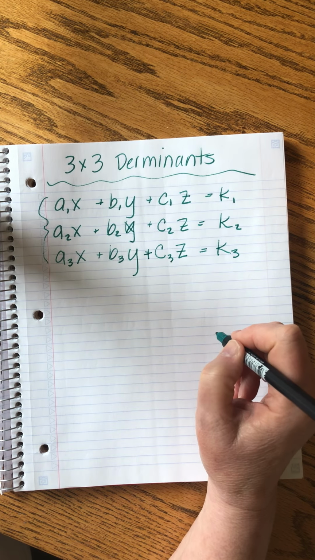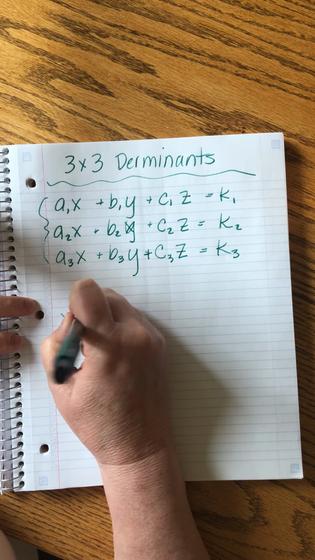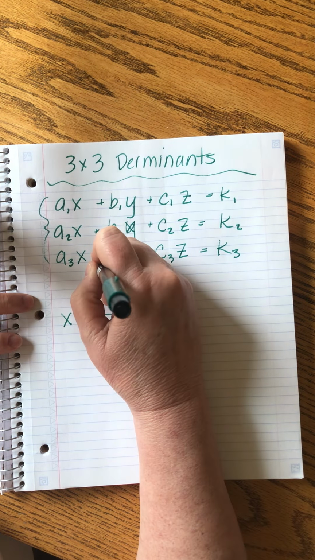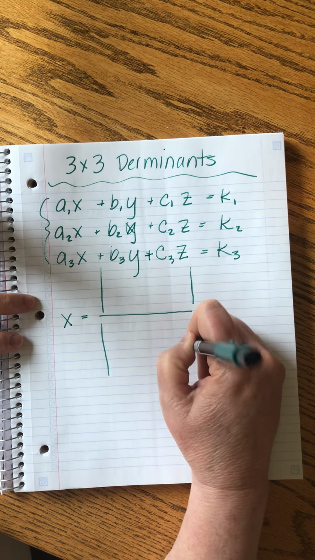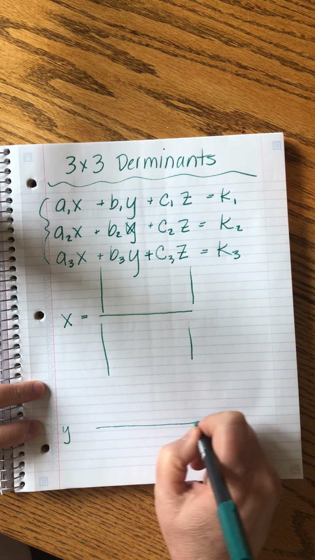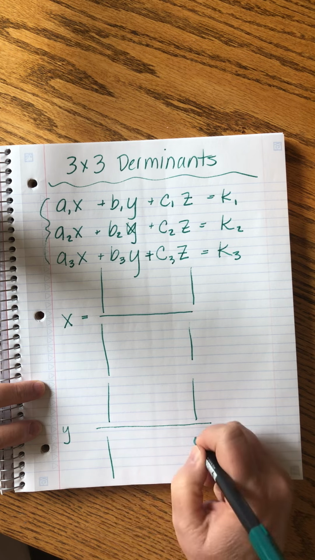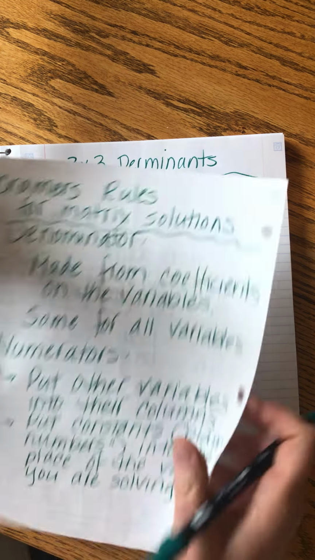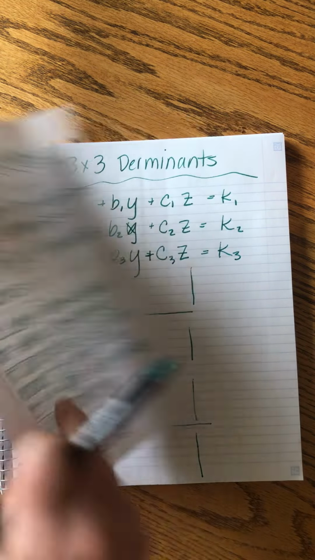So how do we calculate the formula to solve for x? Okay, we know it's going to be a big matrix up here, and we know it's going to be a big matrix down here, and then we're going to do a y as well. So let's just set that up at the same time. Okay, let's remember our rules. For the denominator, we make it from the coefficients on the variables.